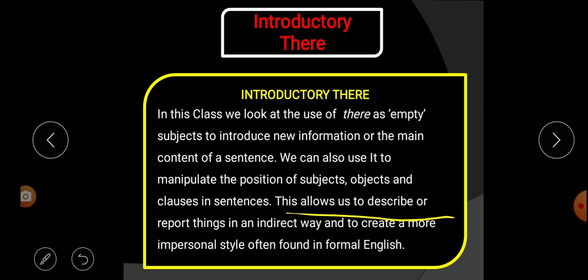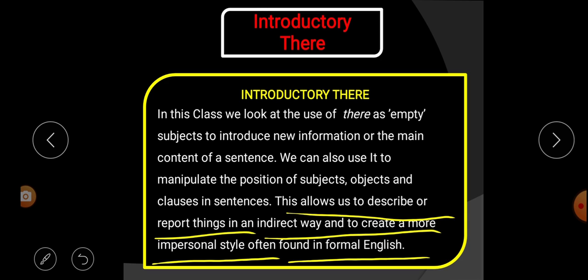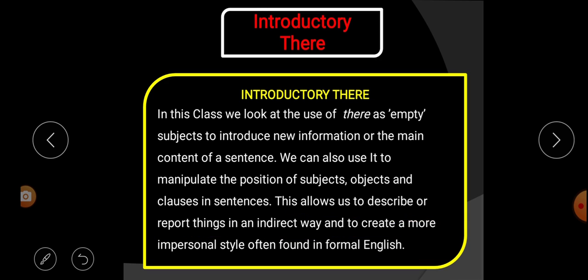This allows us to describe or report things in an indirect way to create a more impersonal style often found in formal English. So this allows us, which one? There. It will allow us to what?